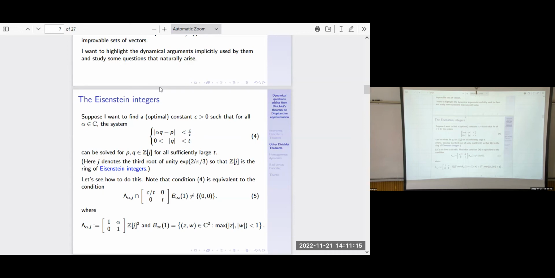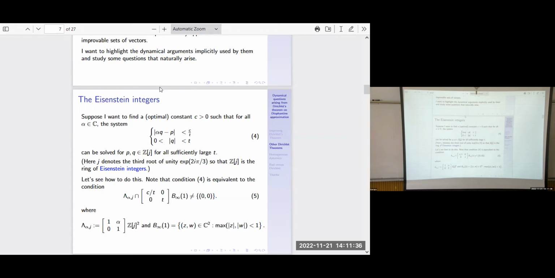Okay, so this is the complex plane. This is 1, this is i. This is J, which is the third root of unity over here. You have another one here. And then Z[J] is just the ring of Eisenstein integers.